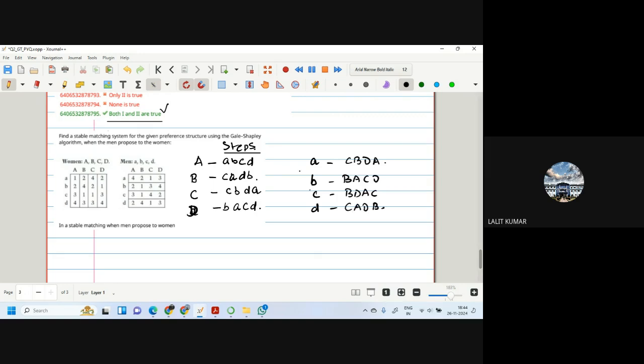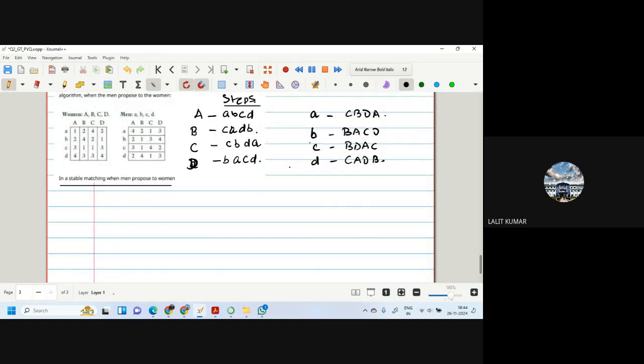And what they are writing is when the man proposed to the woman. So what we'll do, second step, this is one. Step two, we write A, B, C, D. And now we find A: nobody will propose because A is nobody's first choice.